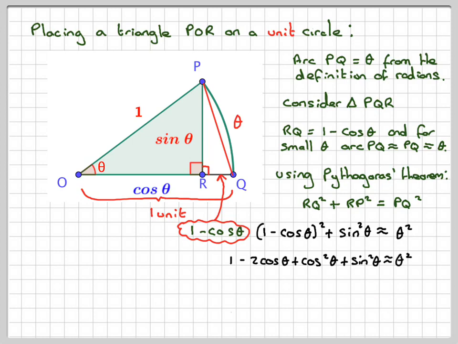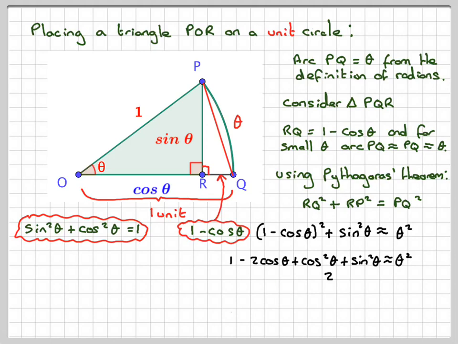Now, if you apply Pythagoras to this triangle here, you're going to get that cos squared plus sine squared is equal to 1 squared. So we have a relationship that says sine squared theta plus cos squared theta is equal to 1. That means that this bit here I can now make 1, and 1 plus 1 makes 2.